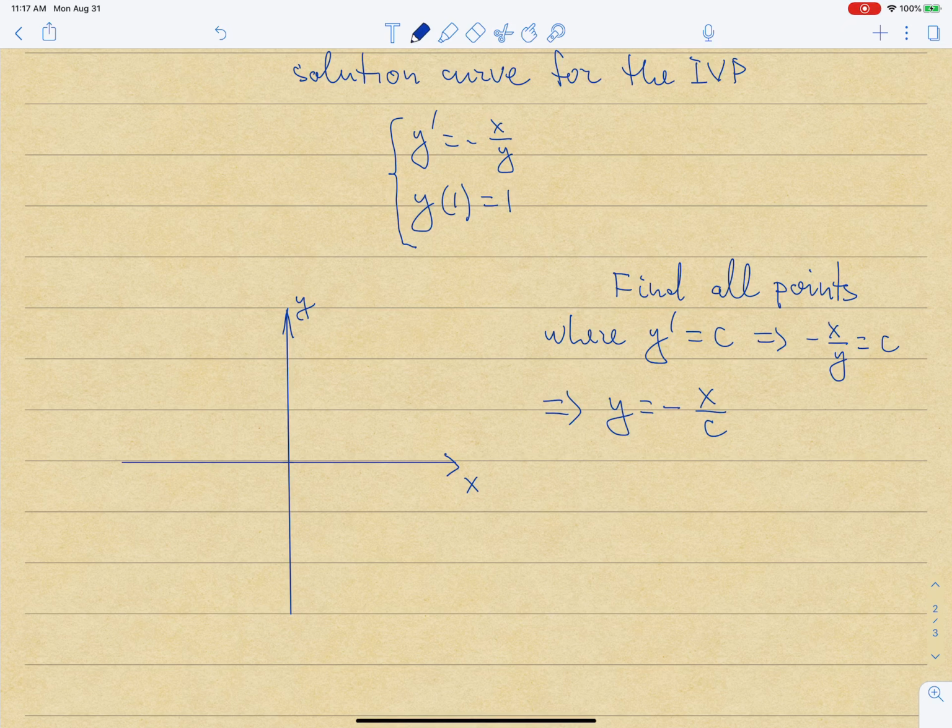All right. So if y is minus x over c, or else I can write this as minus 1 over c x.